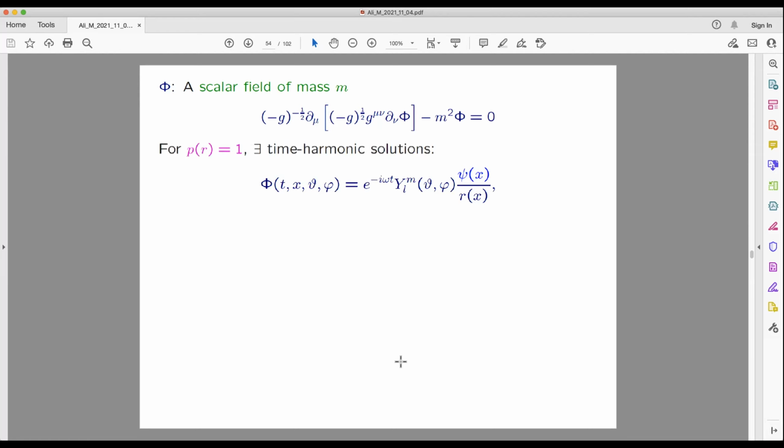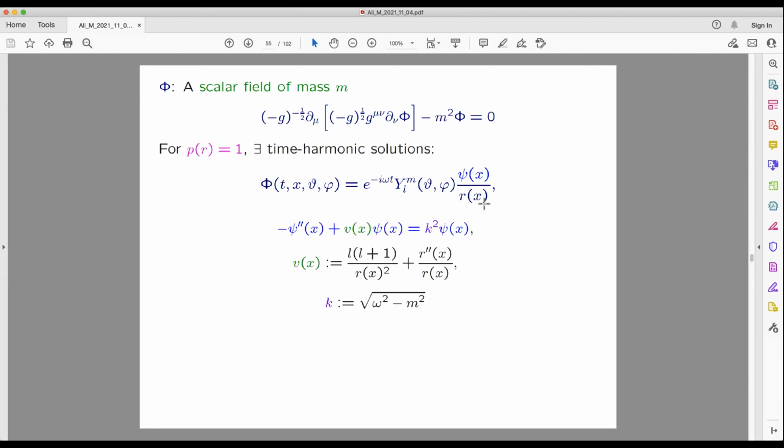You have time harmonic solutions of this Klein-Gordon equation, which have this form. These Y_lm are the spherical harmonics. R of x is what appears in the metric. And this psi turns out to satisfy the Schrodinger equation in one dimension. Remember, x goes from minus infinity to plus infinity. So this is just a one-dimensional scattering problem for this kind of potential.